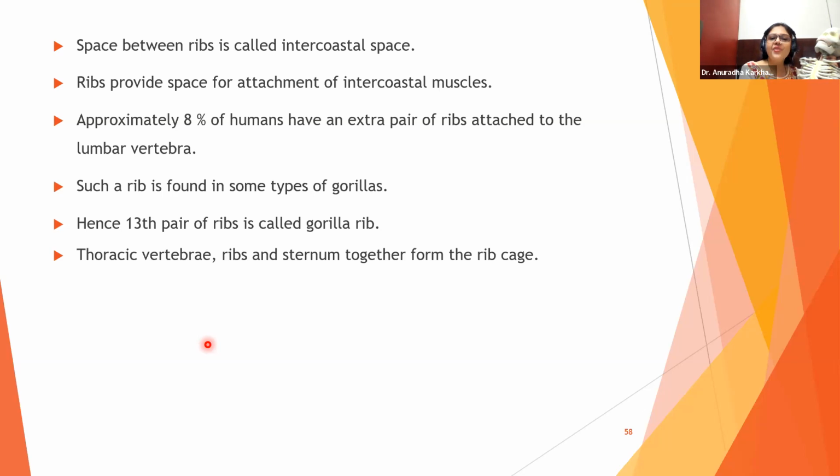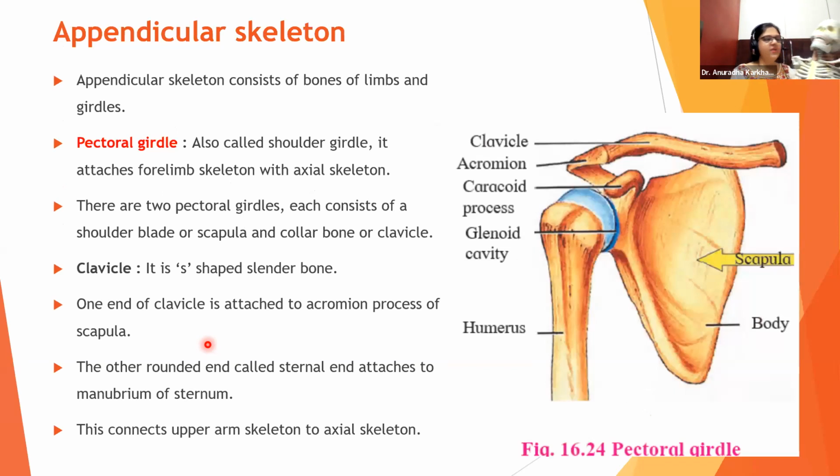Thoracic vertebrae, ribs and sternum together form the rib cage. So this is already known to you all. Correct? Okay. Well, so now the axial skeleton work is done. Now we go to the appendicular skeleton. Okay? So sideways. Appendicular skeleton consists of bones of limbs and girdles.